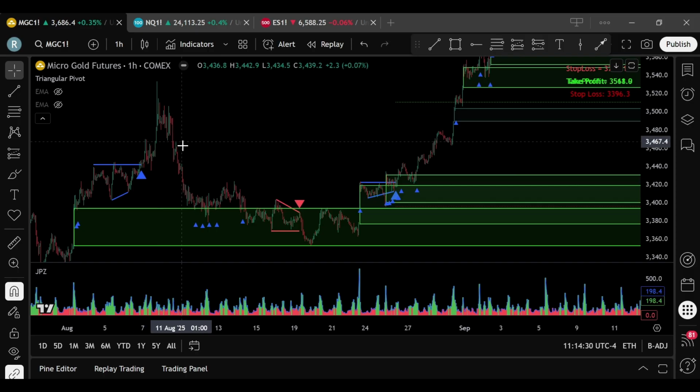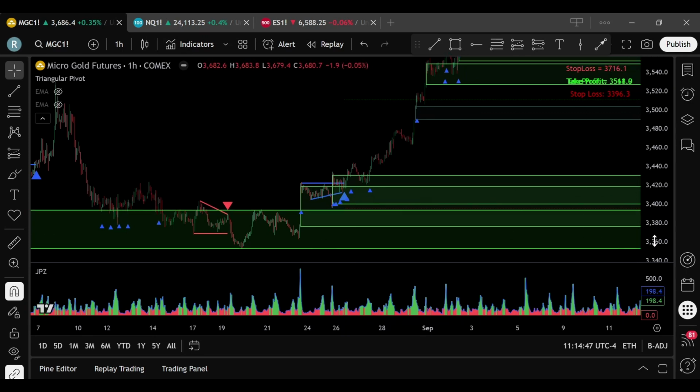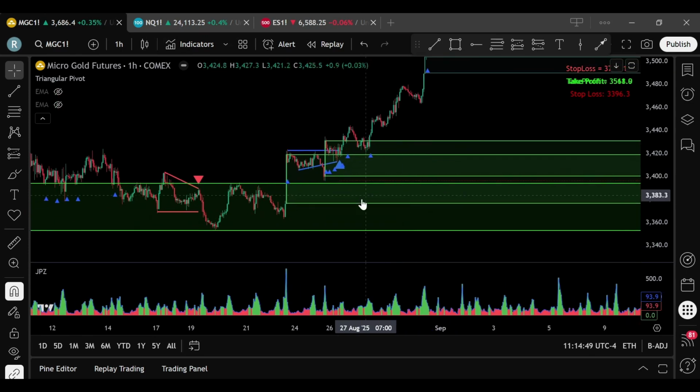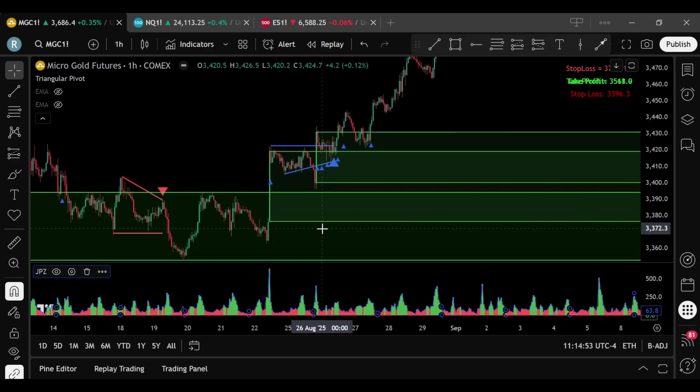Triangle breakout here, comes and retests, and we get this descending triangle breakout here. So this is a conflicting bias going on. We have a bullish zone, but with a bearish chart pattern. And so that's why we want all the confidence that we can get and have our rules in place for how we want to trade.